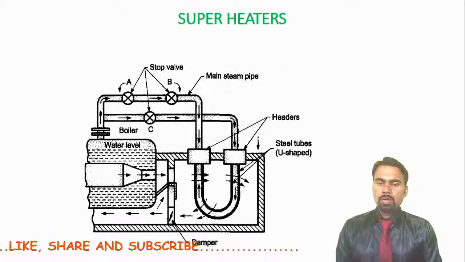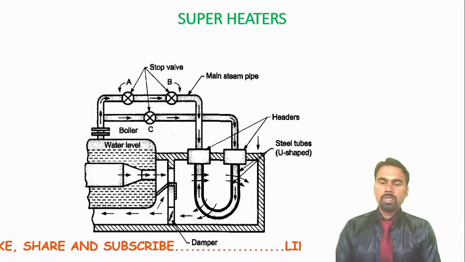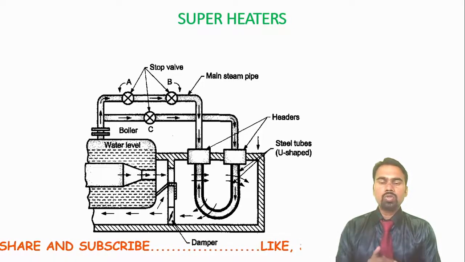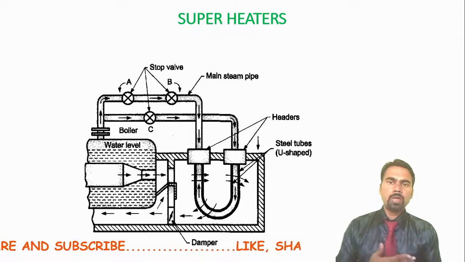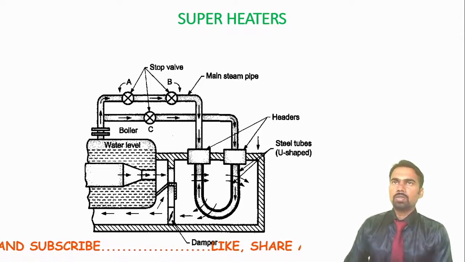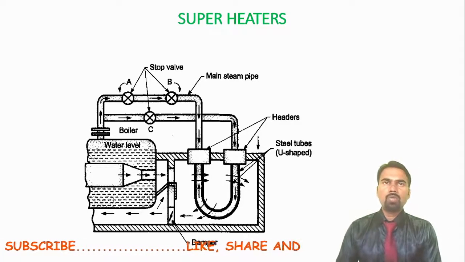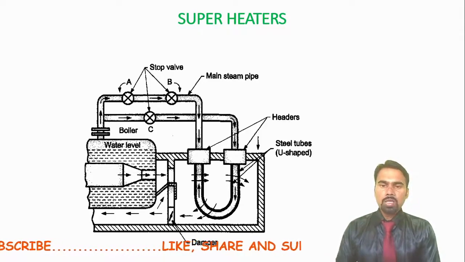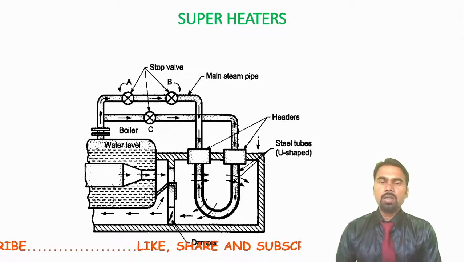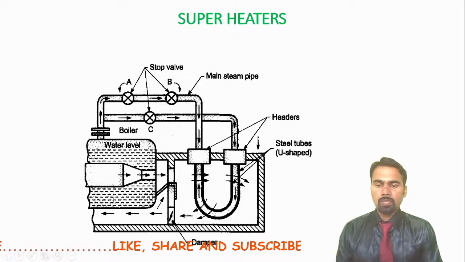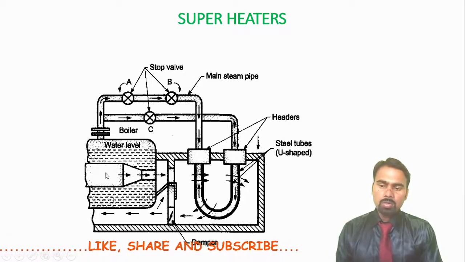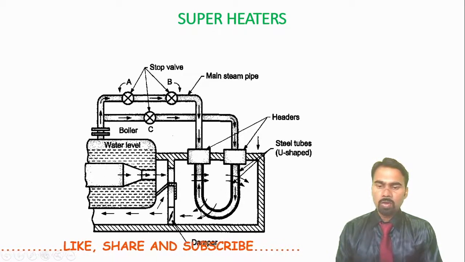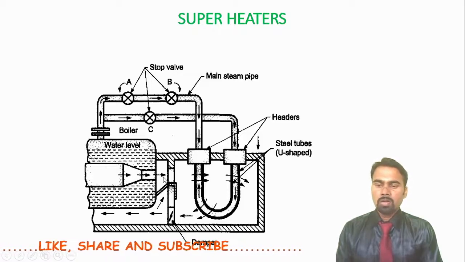Now see, the superheater. The function of the superheater is to superheat the steam. How does the superheating take place? The location of the superheater is in the path of flue gases. For example, here through this pipe, suppose flue gases are flowing.